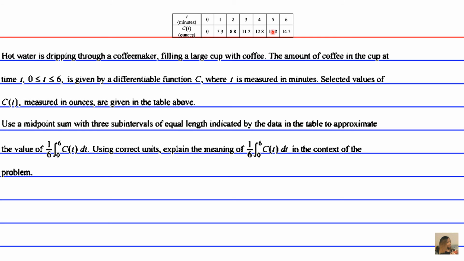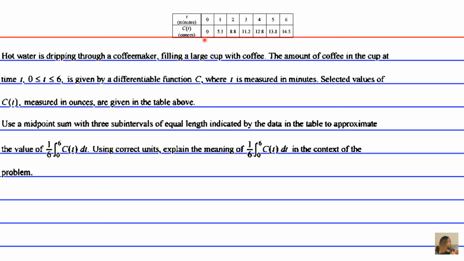The summation of these rectangles represents an approximation for the integral from 0 to 6, but dividing by 6 represents an average amount of ounces of coffee.